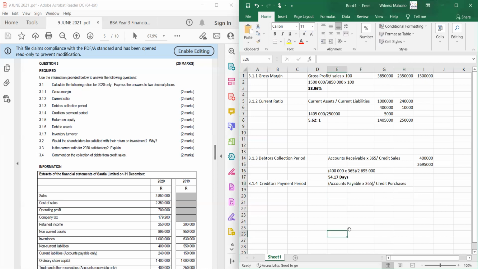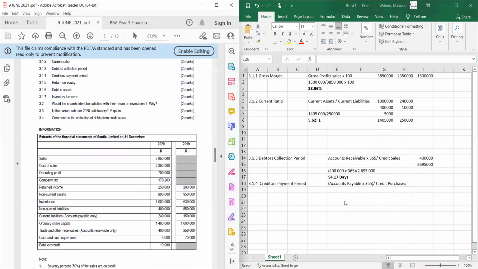Okay, that's fine. So do we have accounts payable? Yes, we've got accounts payable, which is 240,000. Then, do we have credit purchases?